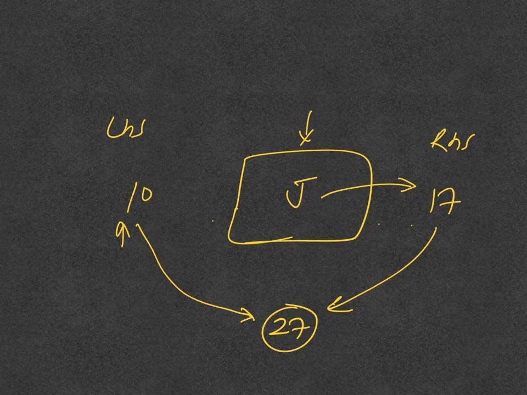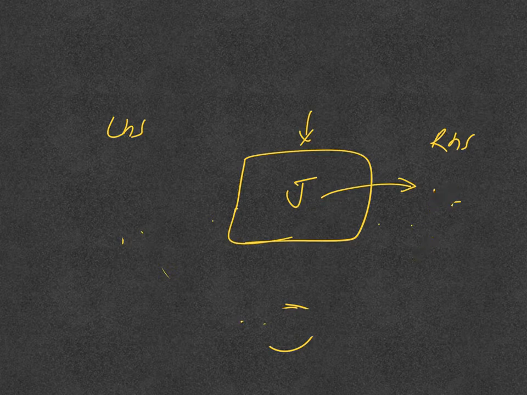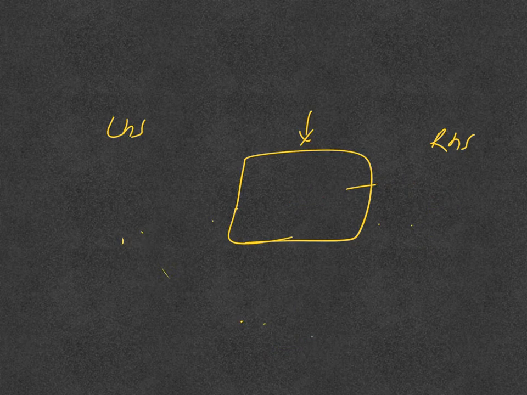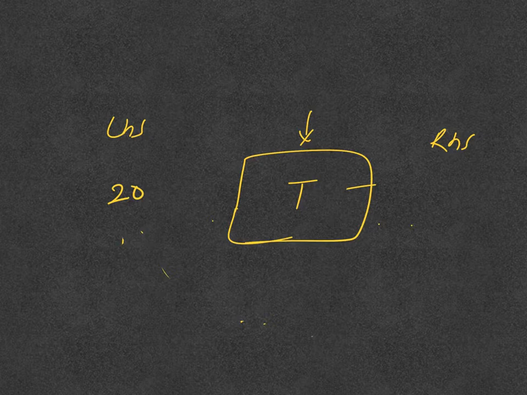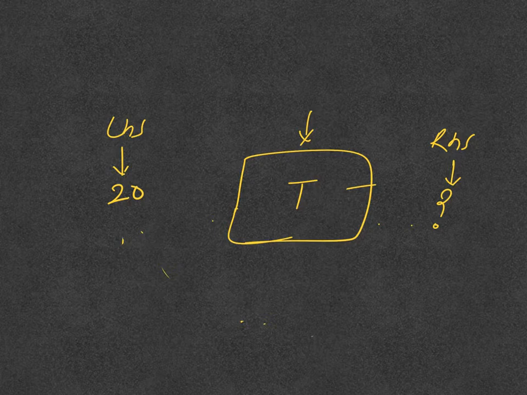So we will take one more example. Now suppose I write here T. It is very easy. What is the value of T? 20. So 20 is the value from which side? Left hand side, and we have to find out its value from the right hand side. So what we need to do?